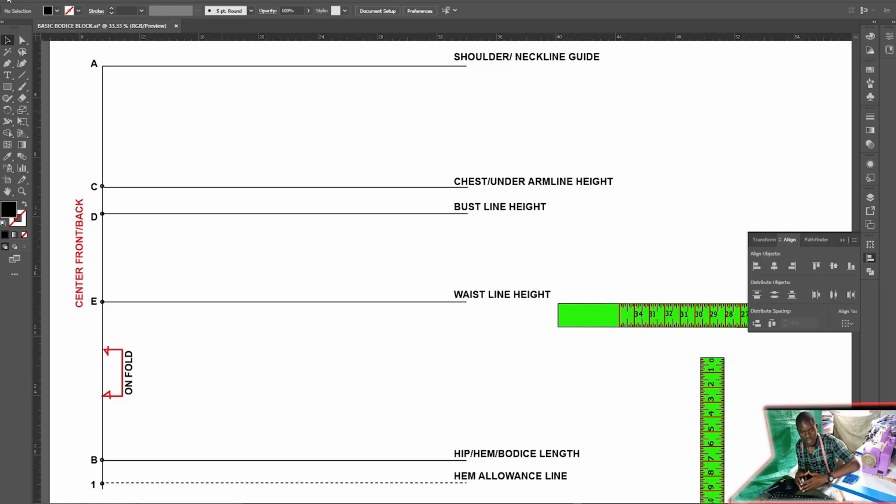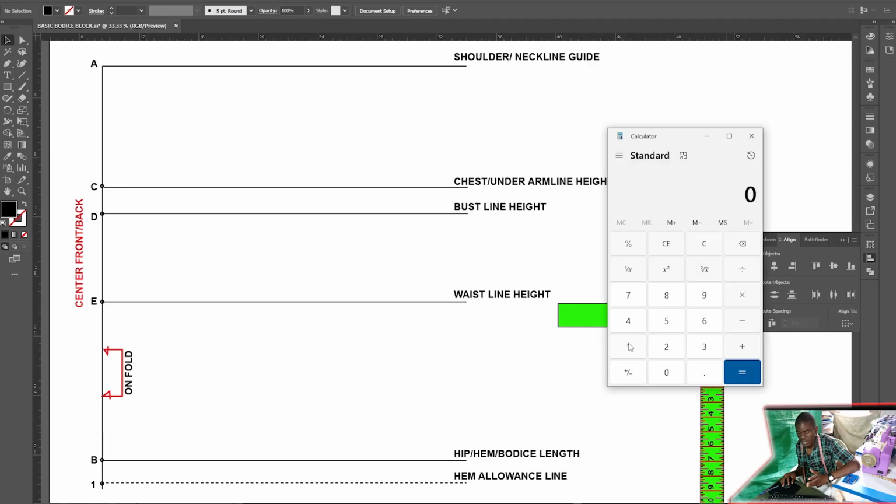So for the neck width, you're going to measure from starting point A inwards. Your chest divided by 12, or round neck, which is 14 inches, I divide it by 5, giving me 2.8.